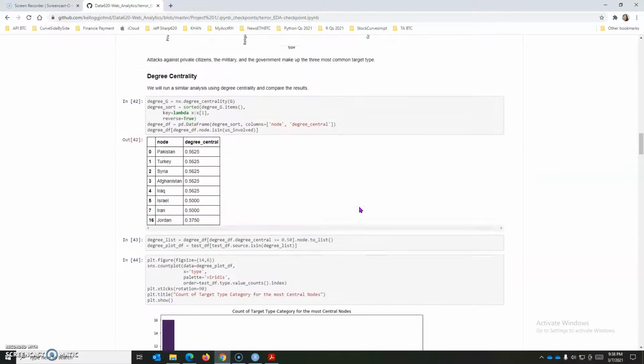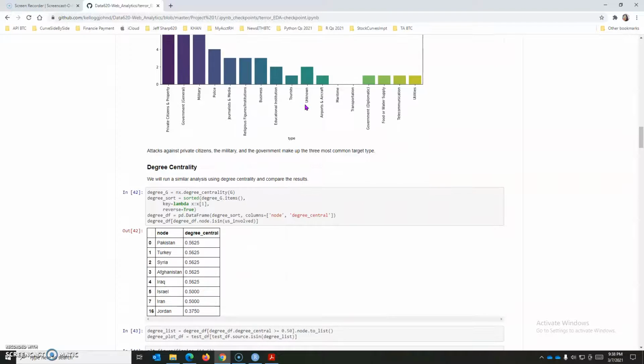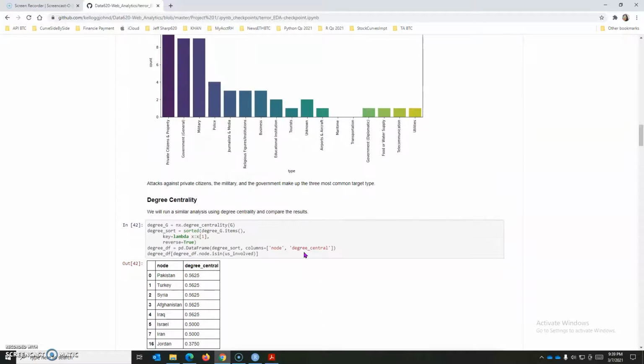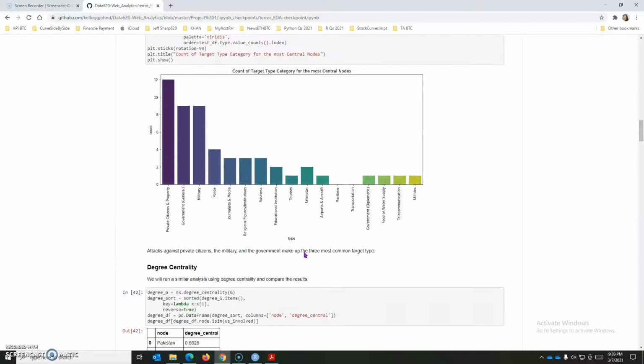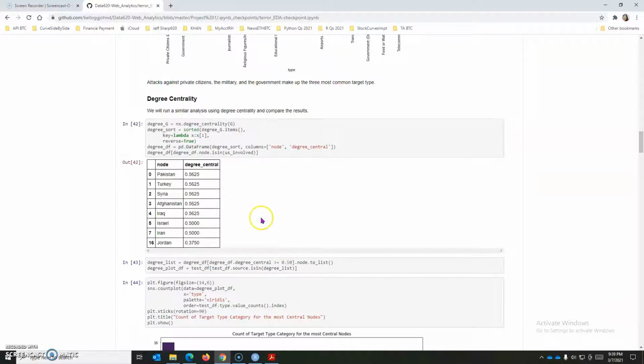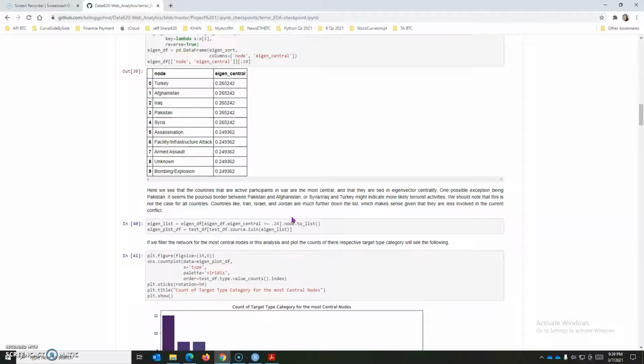I'm flipping over the histograms for the eigenvector centrality analysis and degree centrality analysis, and we can see that these two figures almost look like twins. So both of the centrality score analyses lead to almost the same conclusion universally.